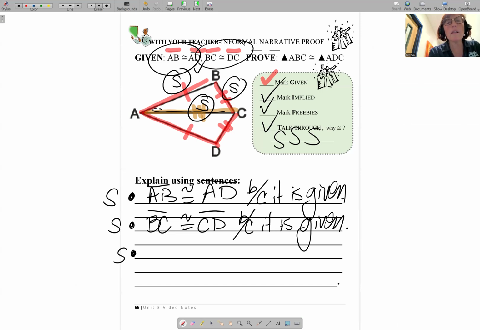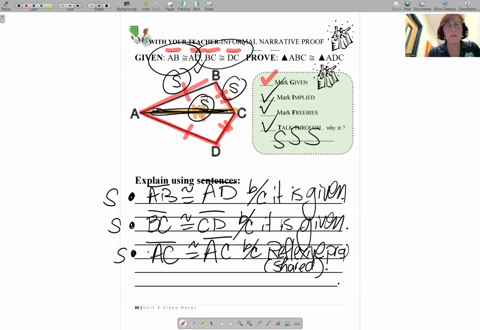All right. This last one, I know this looks a little weird. It's called reflexive for a reason. Just like a reflection, we would write AC is congruent to AC because it's called the reflexive property. If you want to remind yourself, what does that mean? It's shared by both triangles.